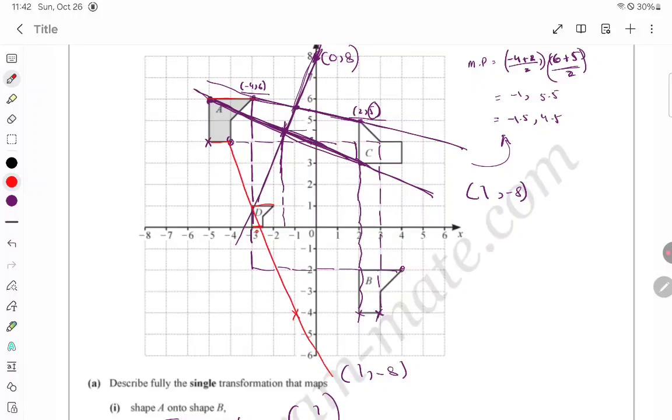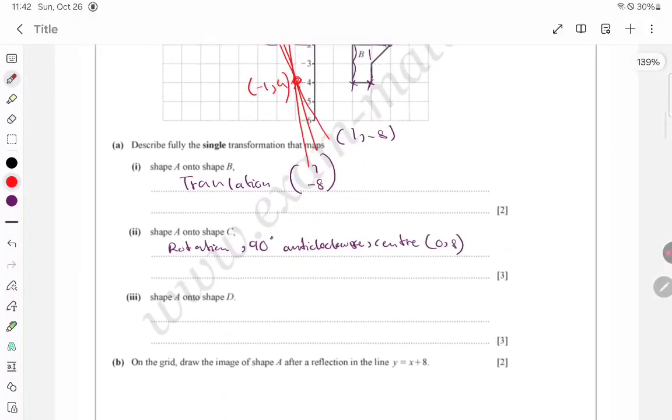For the second one, for the third one, so it is somewhere connecting here, which is our negative 1 comma 4 center.